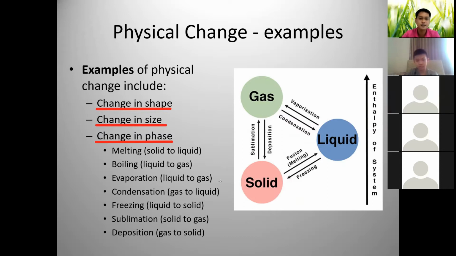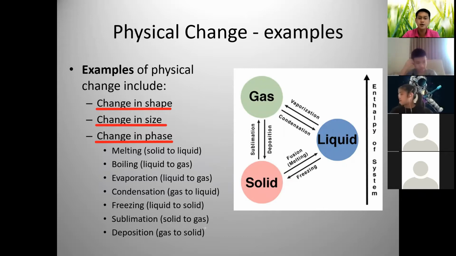Next, we have condensation. It is a change from gas to liquid. A good example will be rain. Next, we have freezing, changing liquid to solid. An example here again is the ice. So we change the water to become ice.